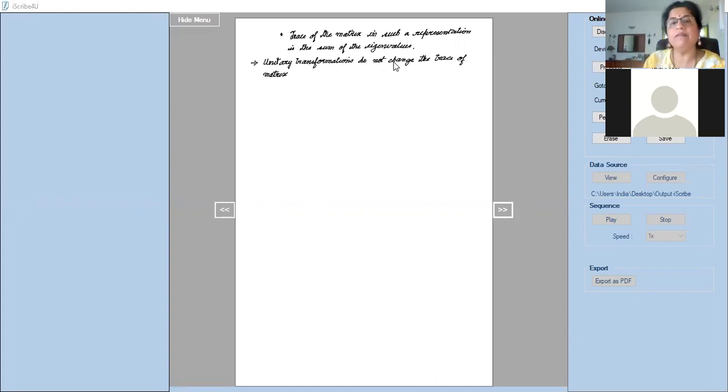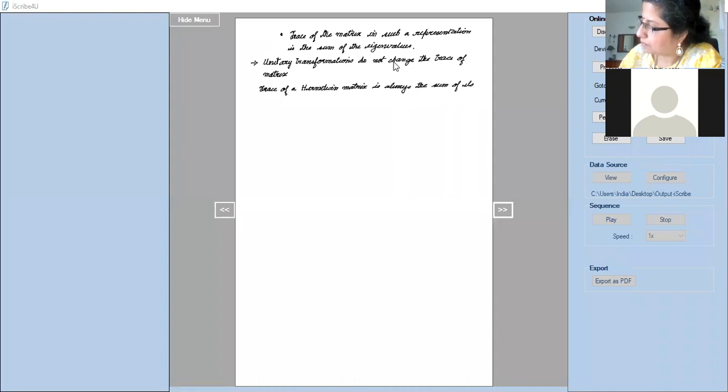And if we put together all the information so far, the few points that I put earlier and this particular statement, what does it tell us? It tells us that the trace of a Hermitian matrix is always the sum of its eigenvalues.